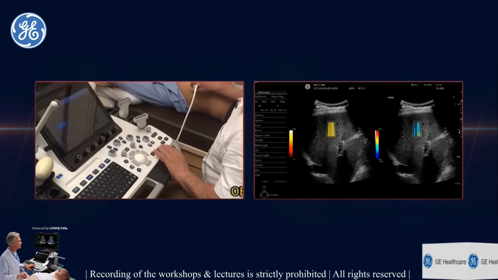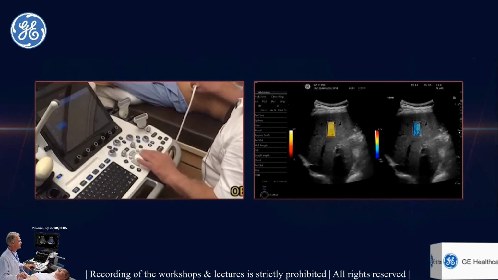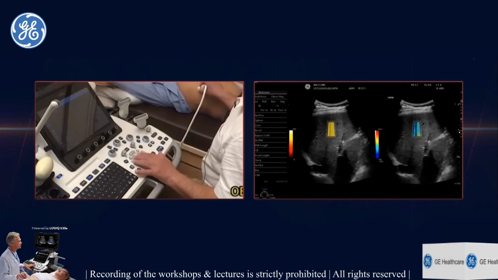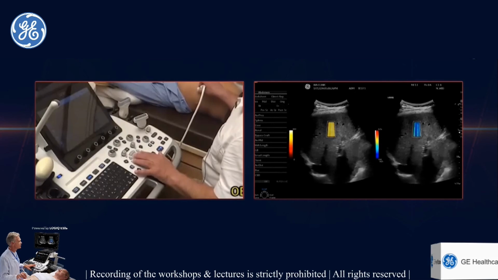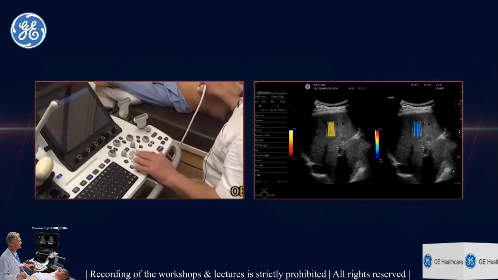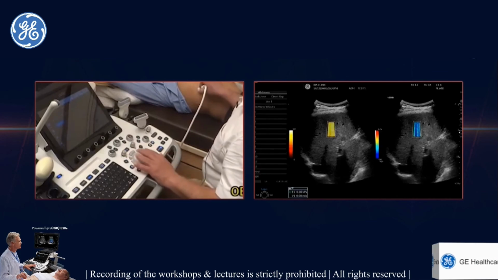And you can see that we get a quality map. And we take over a few seconds, a few maps, a few images, and then we can scroll back and forth. So on the left side, the image is the quality map, and it should be of uniform yellow color. If there are any red spots, that suggests that we don't have a uniform quality shear wave.